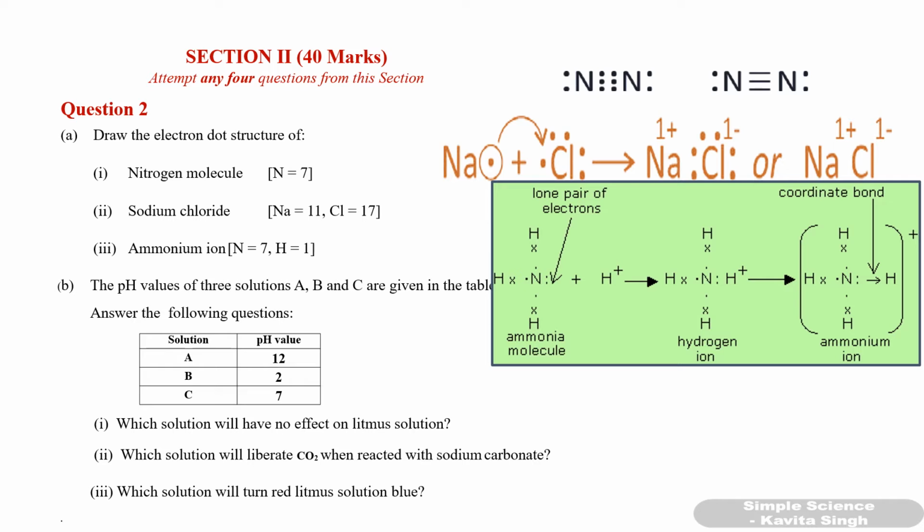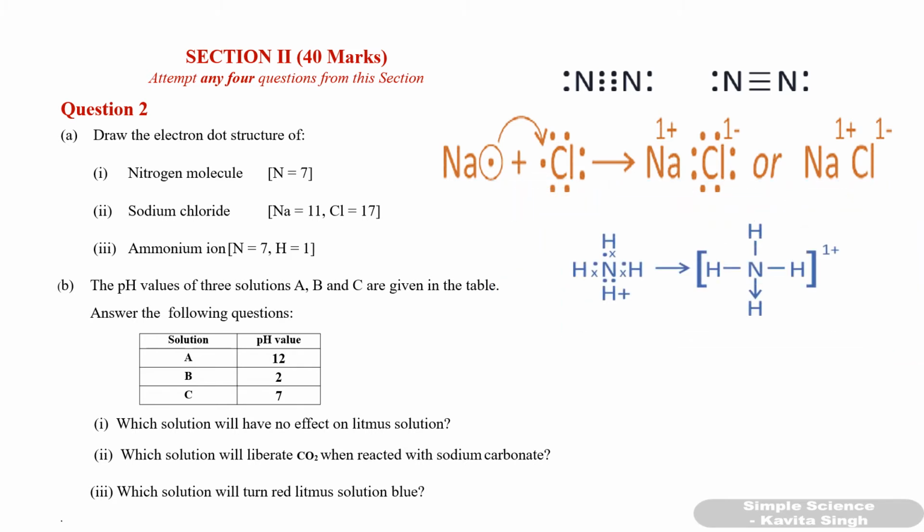So it will take the 2 electrons, the 1 lone pair of nitrogen, and it will form a coordinate covalent bond. So this lone pair is shared by hydrogen and forms a coordinate covalent bond with this hydrogen. And with the other hydrogens it will form covalent bonds. So you have to draw this structure.